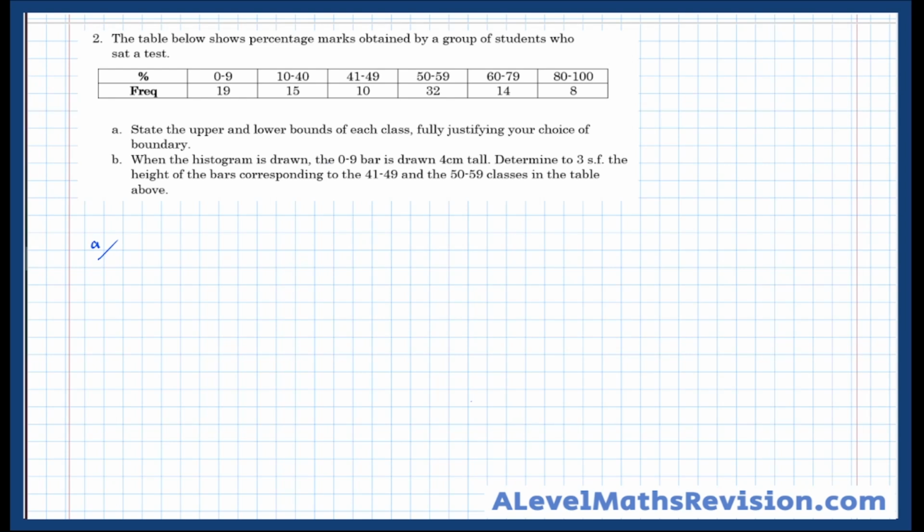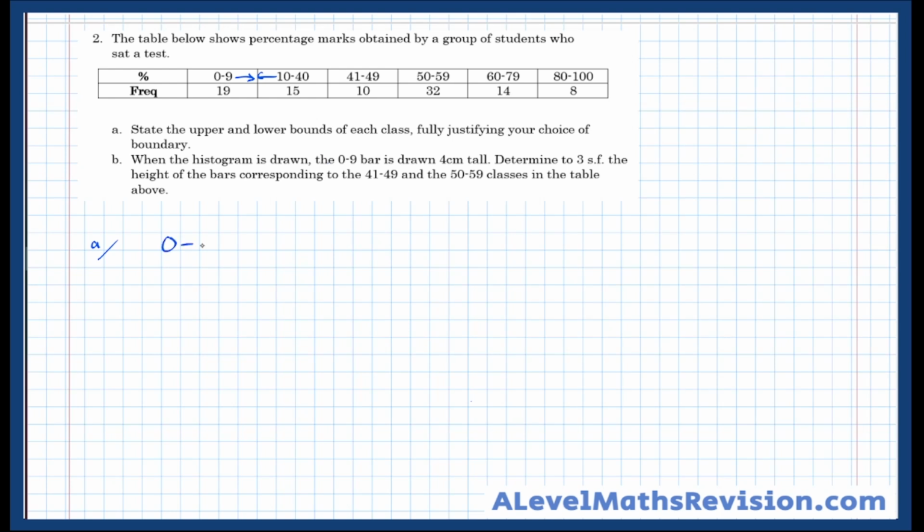So again, there's not really a 100% accepted way of dealing with this, but the best way is to take a common sense approach. So for example, for 0 to 9%, we can see that there's a gap straight after that between 9 and 10. Now it makes sense to split that gap equally, so to extend this by 0.5 and to extend this the other way by 0.5.